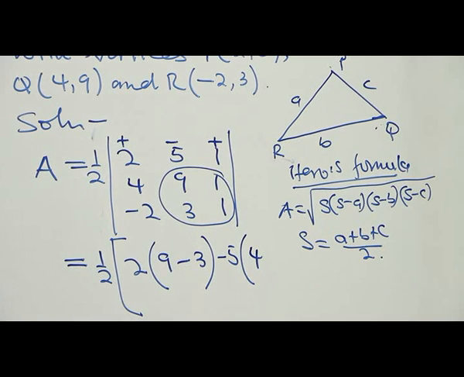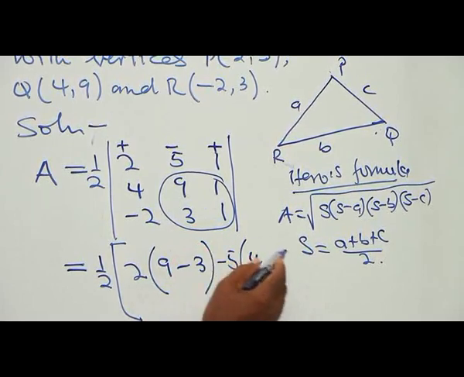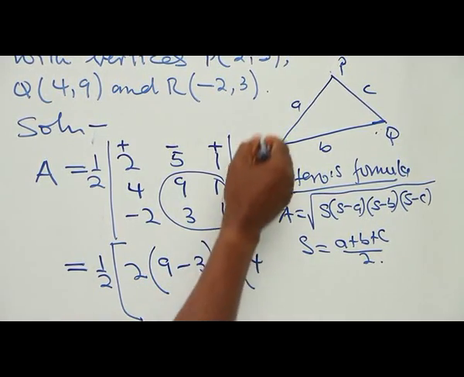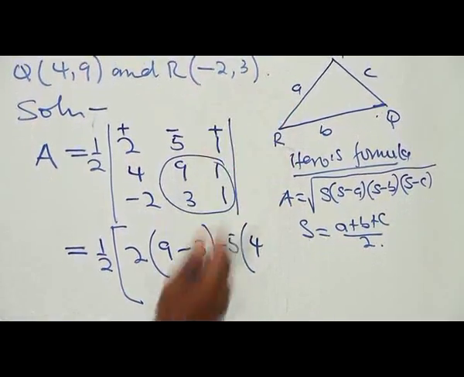I will encourage you to try that and see if your results will agree with what we are going to get using determinants. Alright, now we want to use determinants to solve this problem.